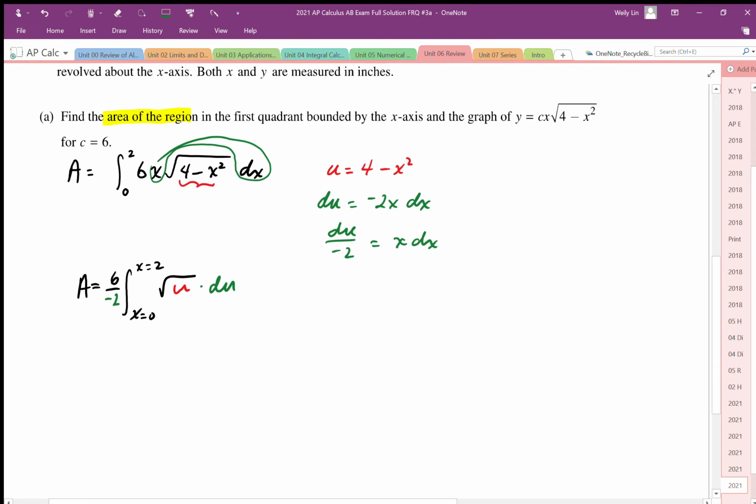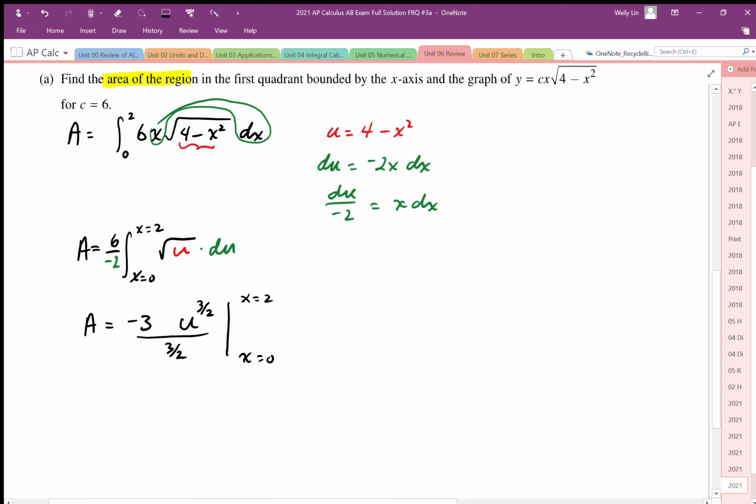I can integrate this. I'm going to anti-differentiate that, so I end up with negative 3 times u to the power. I'm going to increase the power by 1 and divide by that power, and my bounds are going to be x equals 0 to x equals 2.